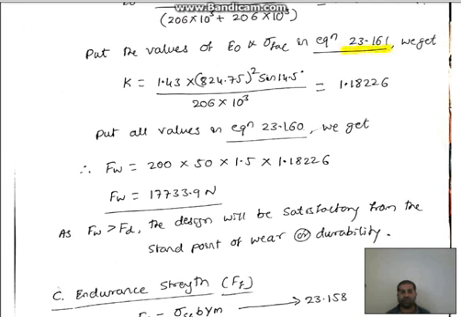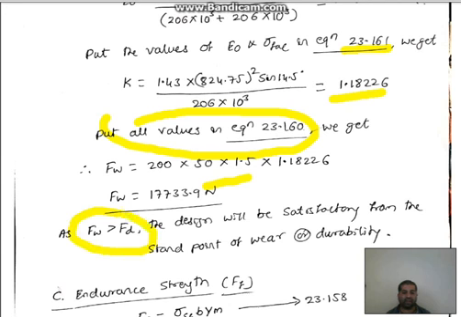We get the K value is 1.18226. Put all these values again in the equation number 23.160. Then calculate wear load. As FW is greater than FD, the design will be satisfactory from the standpoint of wear or durability.